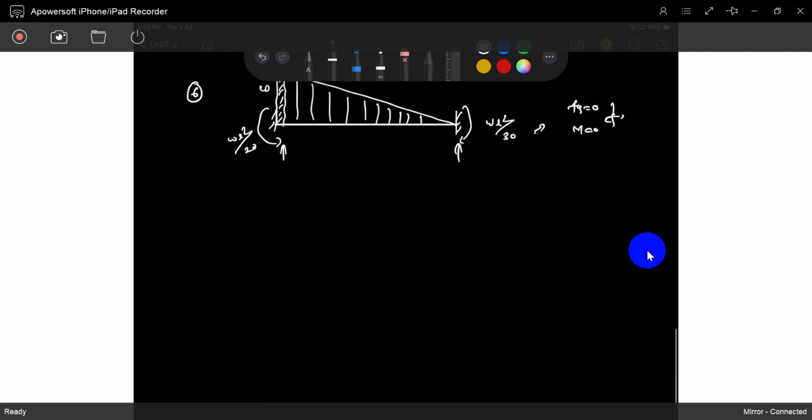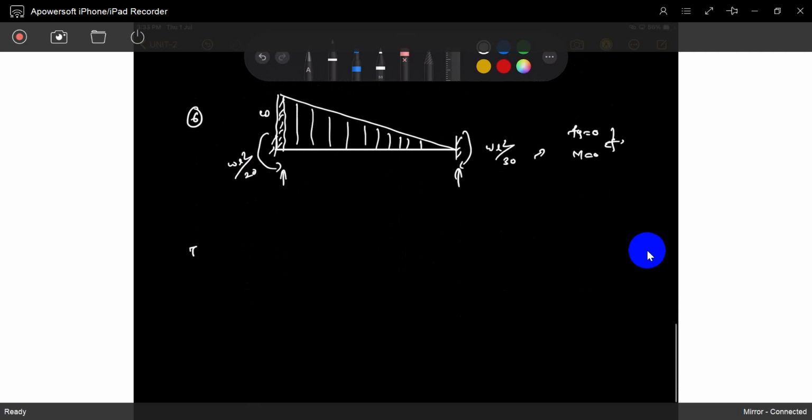So now I will go for another loading. That other loading is a moment M applied. Concentrated couple moment. Are you understood? Concentrated moment, also called a couple moment.